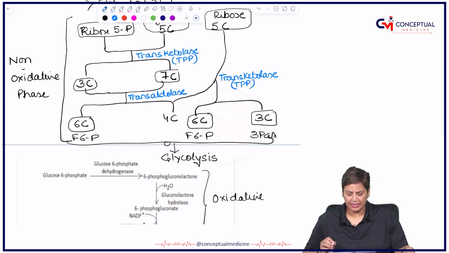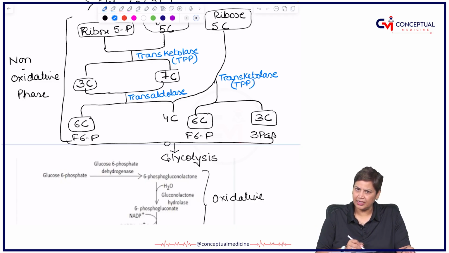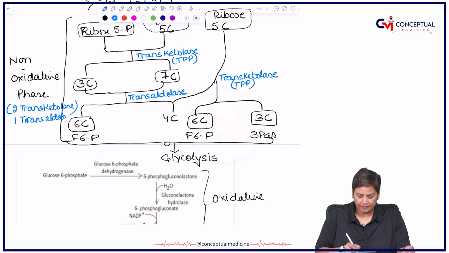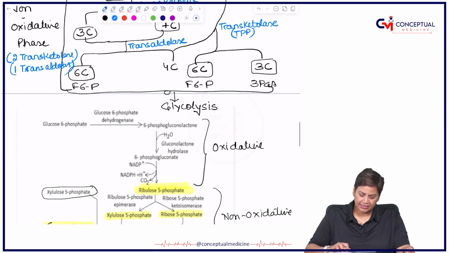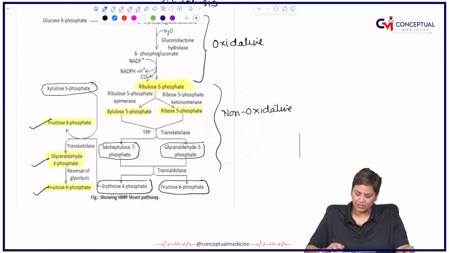So I can say that in the non-oxidative phase there are 2 transketolase reactions and 1 transaldolase reaction. Right? So in the non-oxidative phase, 2 transketolase reactions and 1 transaldolase reaction take place.